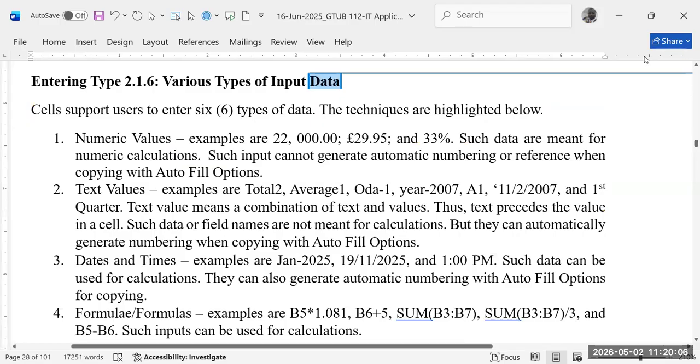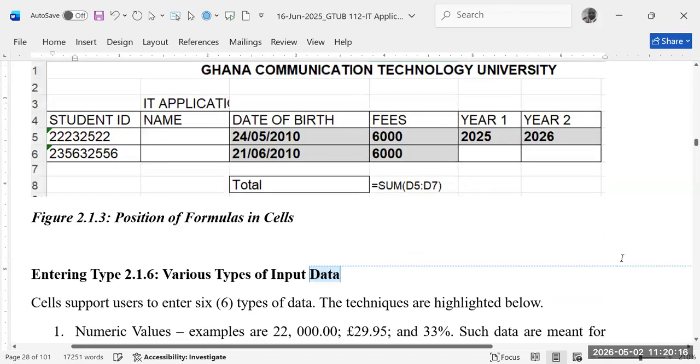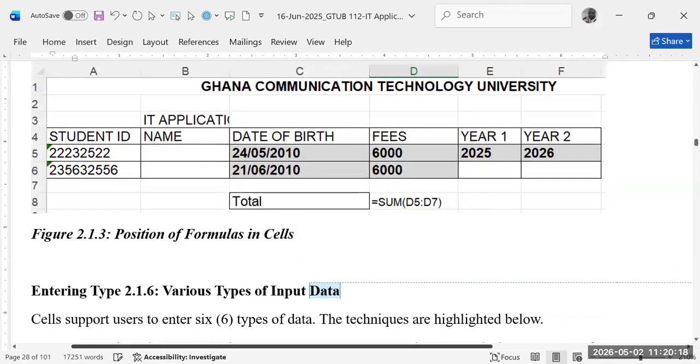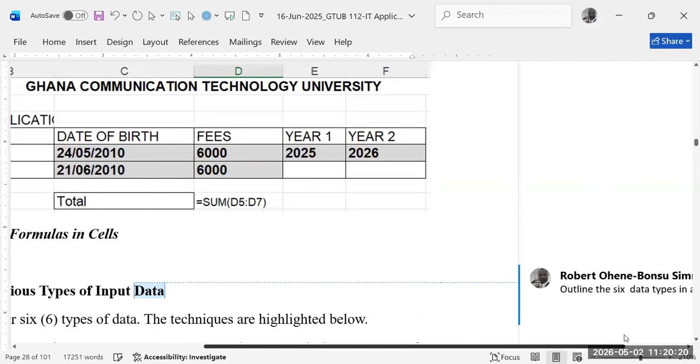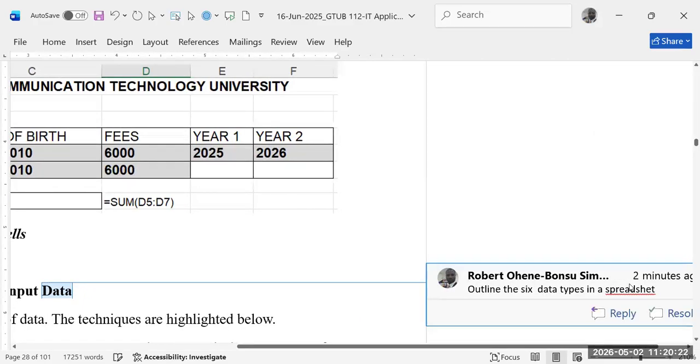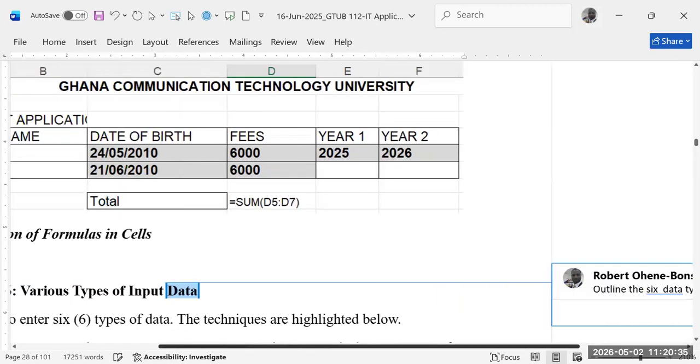I want each of you to pick one and tell me. Various types of input, look at my question. You all have the materials.